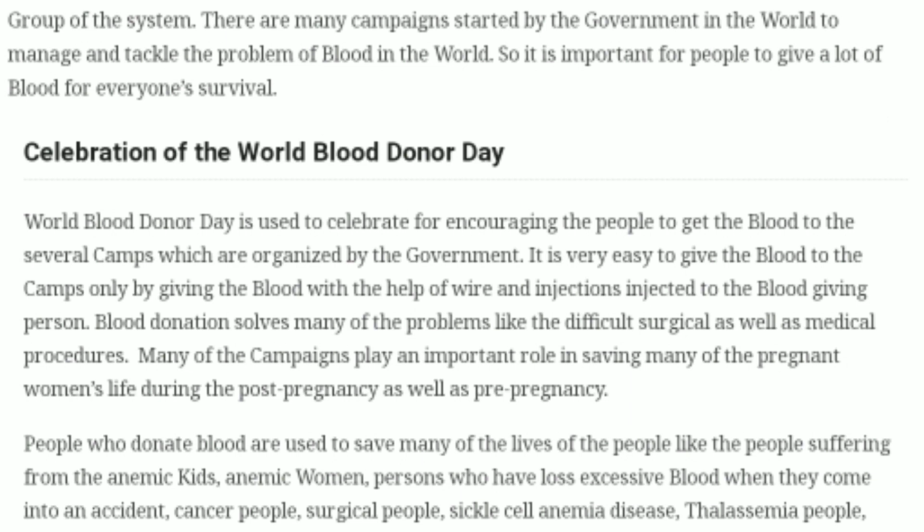Blood donation solves many problems, like difficult surgical as well as medical procedures. Many campaigns play an important role in saving the lives of pregnant women during pre-pregnancy as well as post-pregnancy.